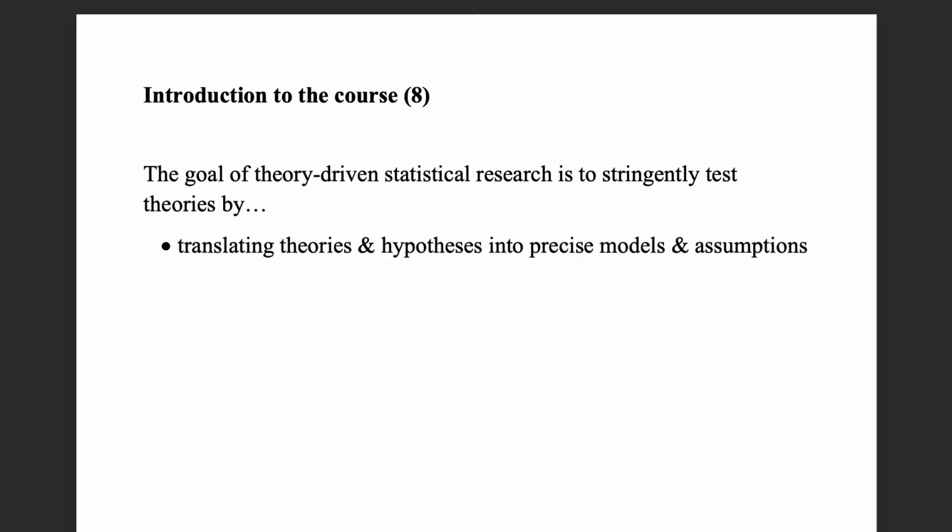We do that by taking these theories and the hypotheses that we can deduce from these theories and translate them into very precisely stated statistical models and assumptions that we make about parts of those models. That forces us to be very clear and precise and explicit about what the connection is between our theory and what that theory predicts about our data.